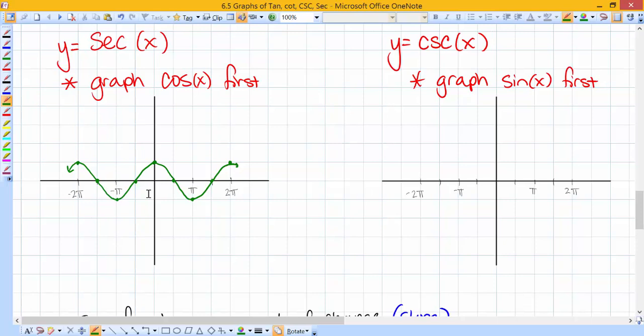Secant and cosecant have undefined values. And secant's first undefined value happens at pi over 2. So I need to put an asymptote. Its next undefined value happens at 3 pi over 2. So that spot gets an asymptote. And then I'm going to duplicate that on the negative side.